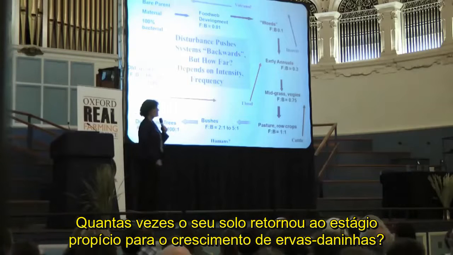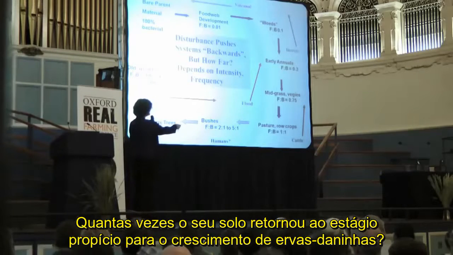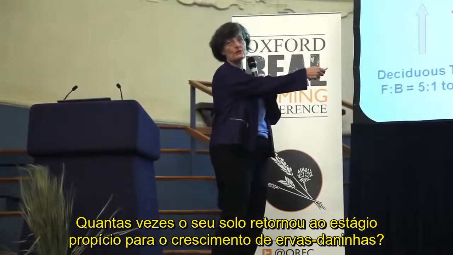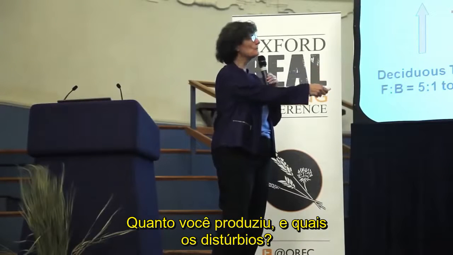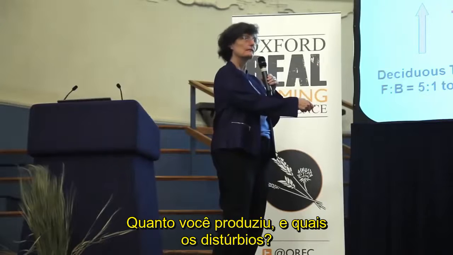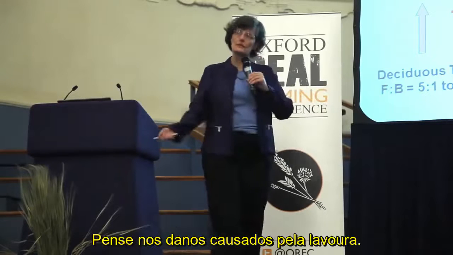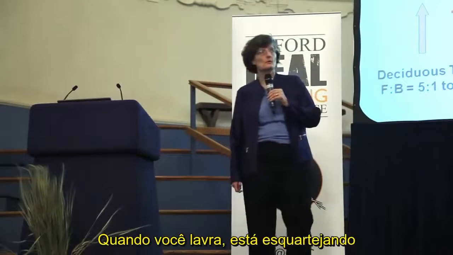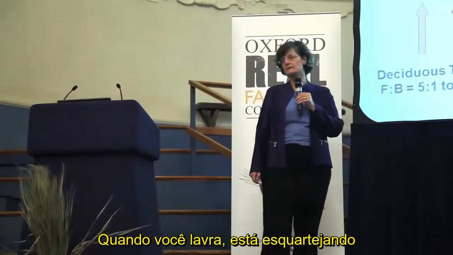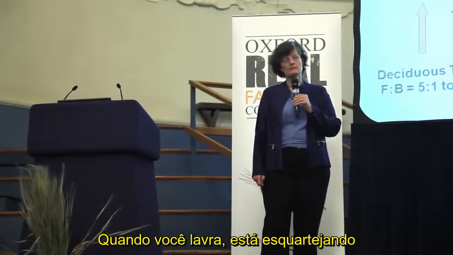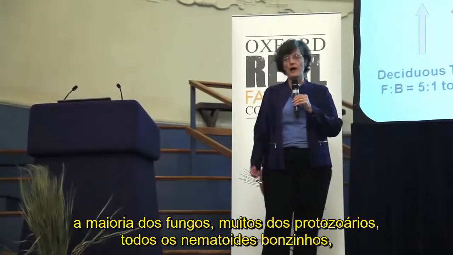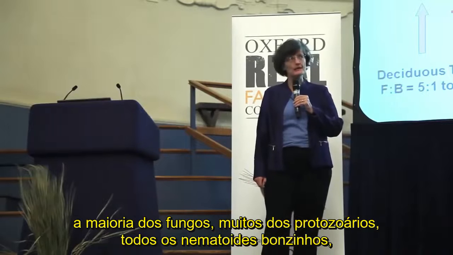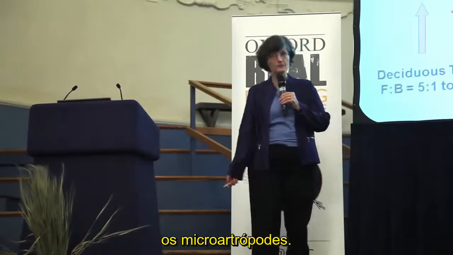How many times has your soil been back in a place where really what you're setting the stage to grow is weeds? How much have you built? And then when's the disturbance? Think about the damage that tillage does. When you till soil, you're going to slice and dice and crush mostly your fungi, a lot of your protozoa, all your good guy nematodes, your microarthropods.